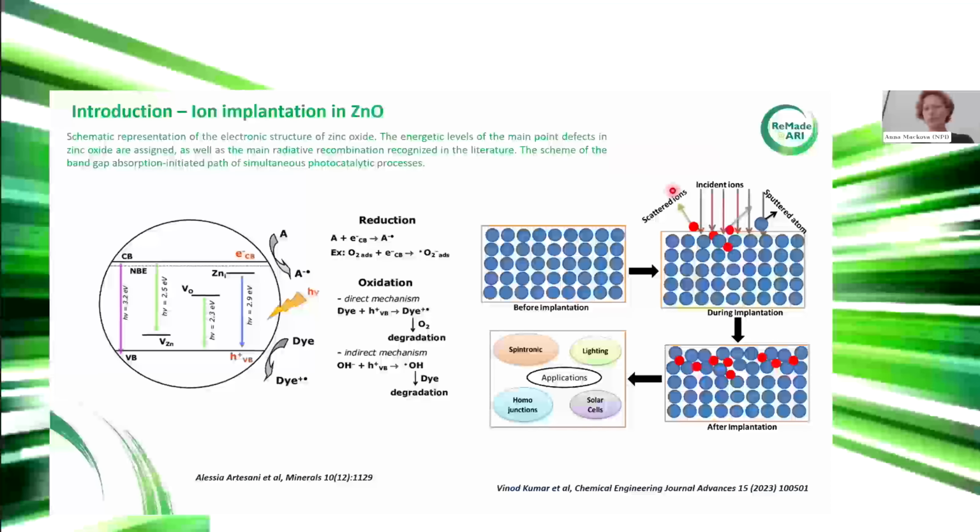After ion implantation, we introduce the ions into the materials, and of course we are creating defects. An important property of ion implantation is that if you have monoenergetic ions, you can predict very well what will be the depth and the thickness of the enriched layer, which is very important to know in advance. But we can use, as I mentioned, for example implantation of gold and silver to create nanoparticles.